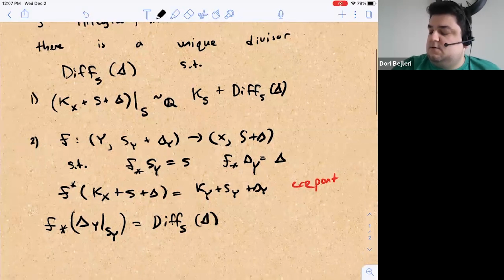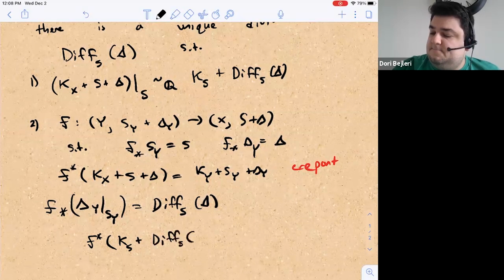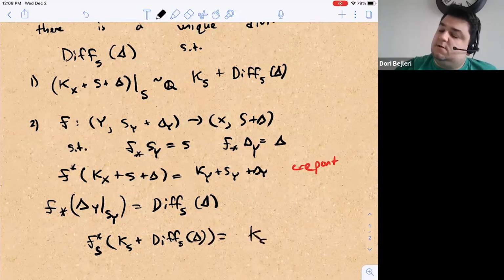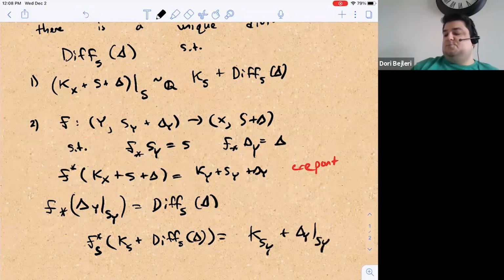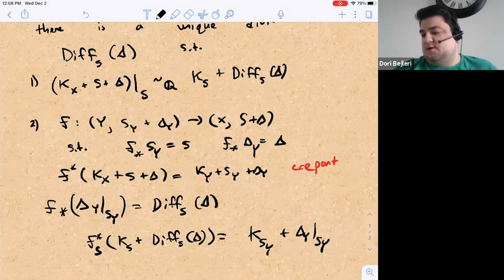With this condition, we also see that the pullback of K_S plus the different along the restriction of f to S is K_{S_Y} + Δ_Y restricted to S_Y. So in particular, this pair S_Y with its different is also a crepant log resolution of S with its different. Everything we want to compute, we can compute with a log resolution as long as we pick this Δ_Y.